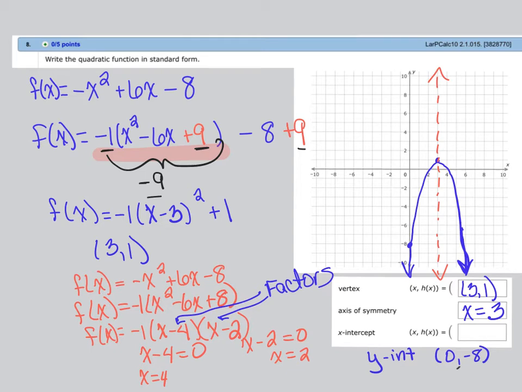X equals 4 is a solution. X equals 2 is a solution. So my answer here, if I put it in ordered pairs, is 4, 0, and 2, 0.